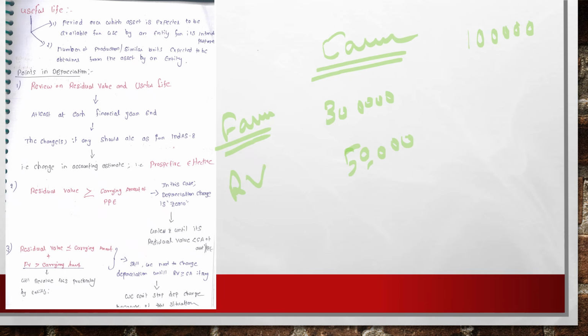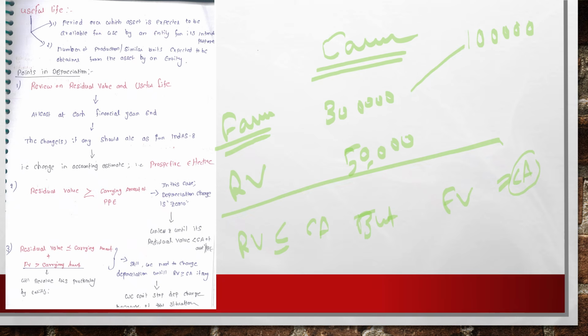Okay, this is the situation. Here your residual value is less than or equal to your carrying amount, because this is less than it, but your fair value is greater than your carrying amount. Fair value is greater than your carrying amount.